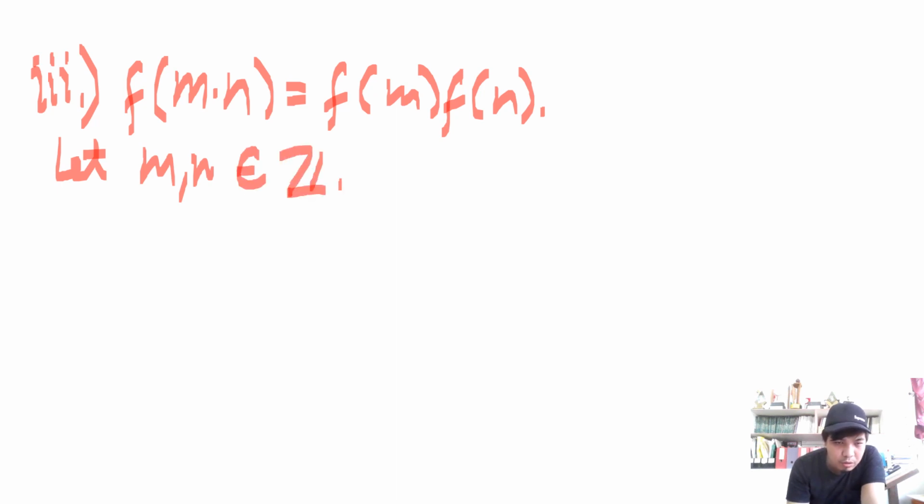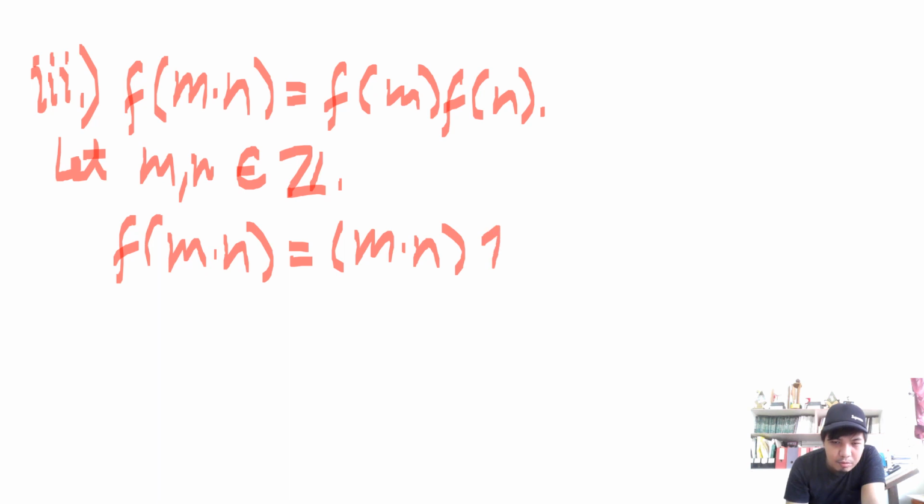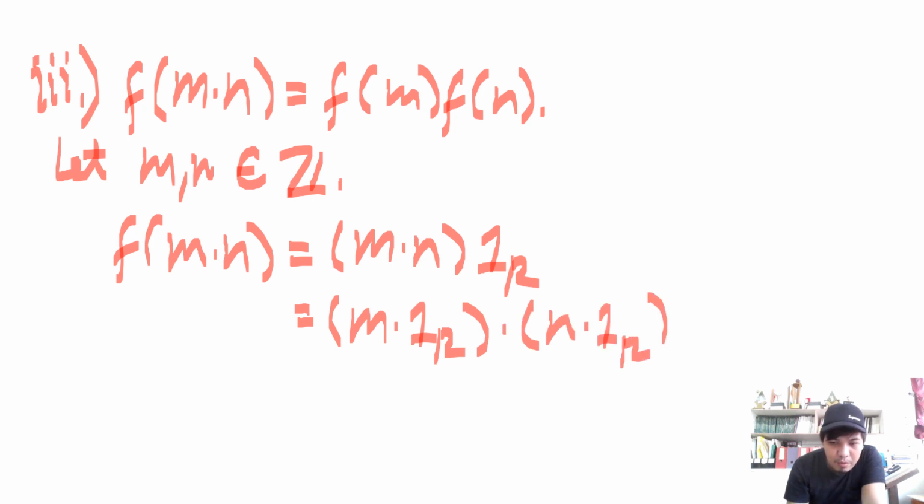This is basically the same as the previous. If you have f of m times n, by definition this is simply m times n times the identity element 1 sub r. We can rewrite this as m times 1 sub r times n times 1 sub r, which by definition of f gives us f of m times f of n.